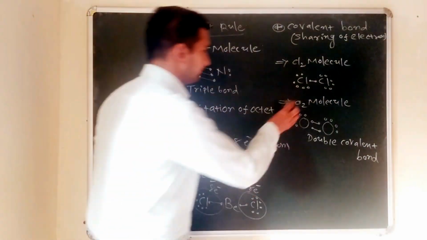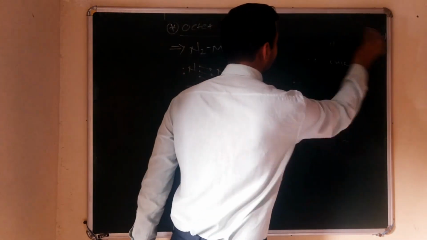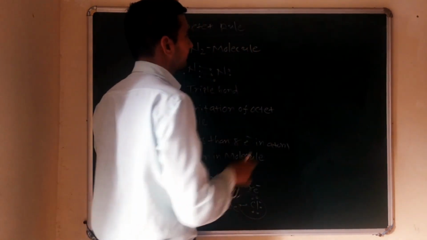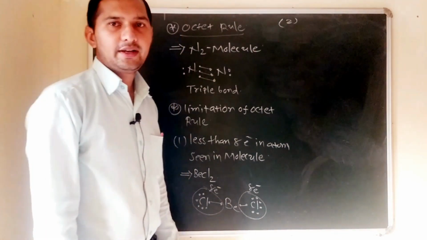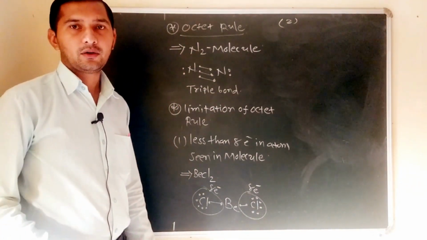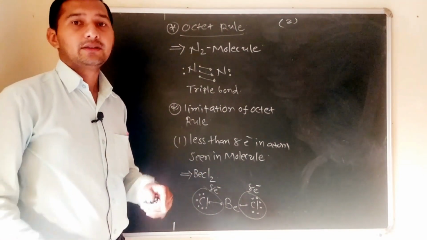Second limitation. The second limitation is that certain molecules have more than 8 valence electrons, which is said to be an expanded octet, but even so they are stable.